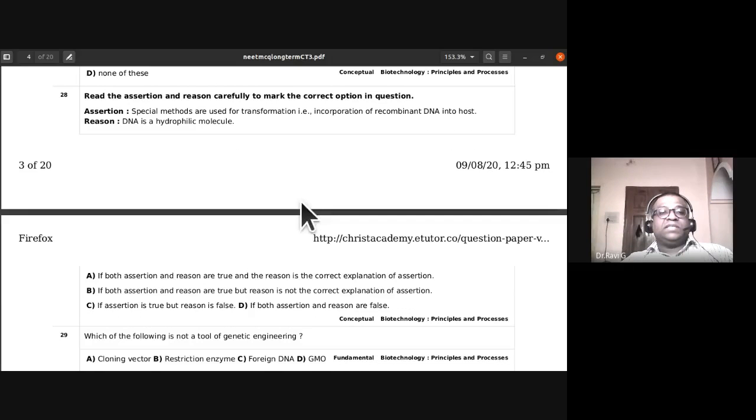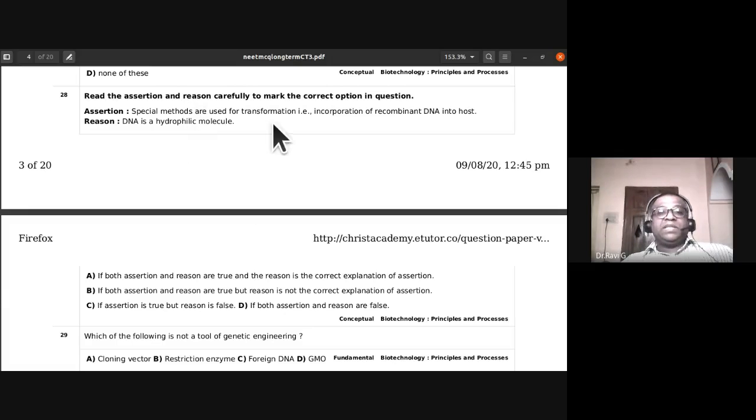So what is the answer for it? If both assertion and reason are true, and the reason is a correct explanation of assertion. If both assertion and reason are true, but reason is not the correct explanation of assertion. Assertion is true, but reason is false. If both assertion and reason are false.